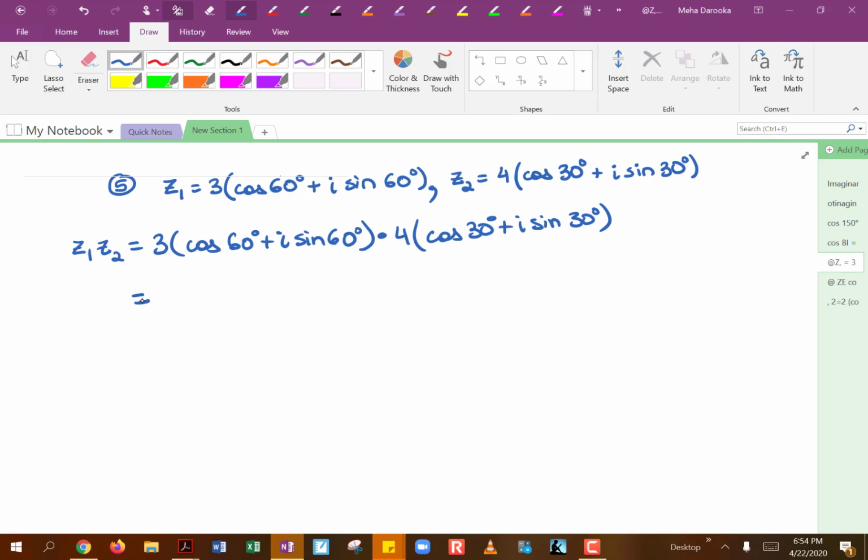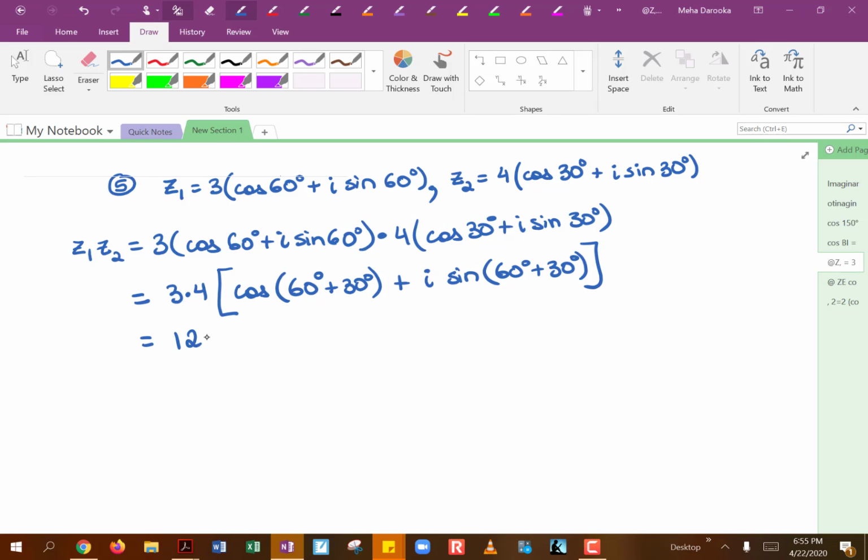Okay, so by our, I guess you can call it a product rule, you will end up multiplying 3 times 4 in the front, and then we'll end up doing cosine, and remember this is where you add your angle, so that's going to be 60 degrees plus 30 degrees for the cosine, plus I times sine, same thing, 60 degrees plus 30 degrees. 3 times 4 will of course give us 12, and then cosine of 60 plus 30 will add up to 90 degrees, plus I times sine will also be 90 degrees.